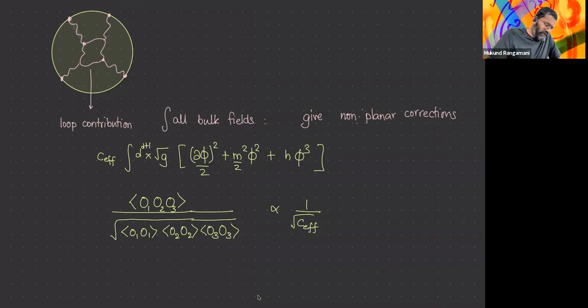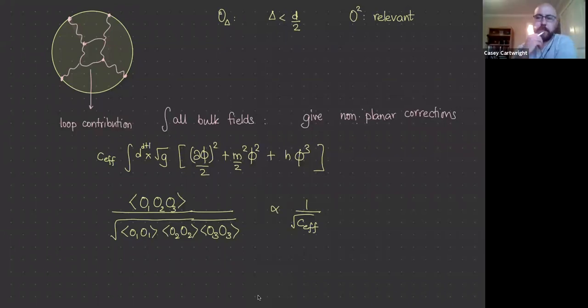So let's consider the following operator. Let's say we have an operator O of dimension delta, and let's say delta is less than d/2. Then O squared is relevant. So I should be able to deform the theory by adding O squared, and I'll have a non-trivial RG flow.